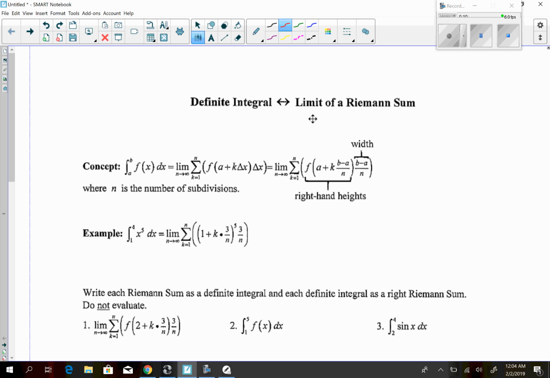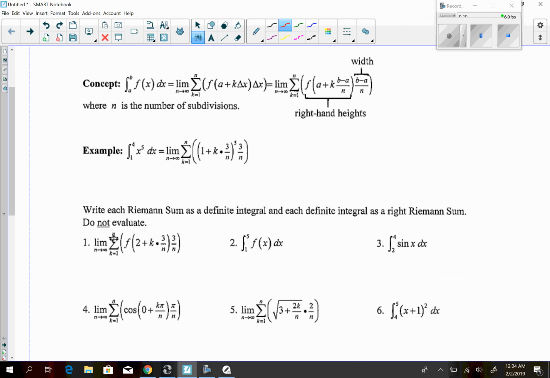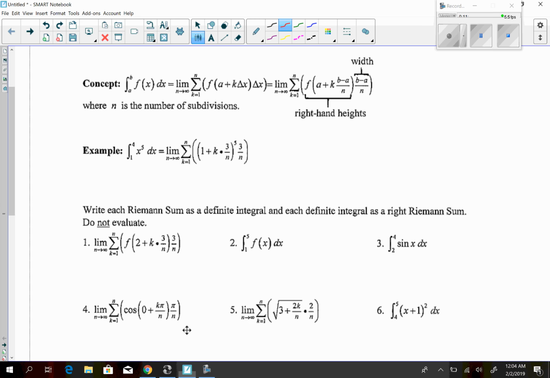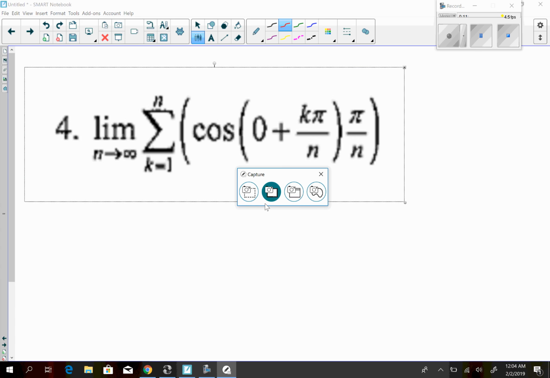Okay, let's try number 4. This time we have the limit of the Riemann sum, and we have to come up with the integral.